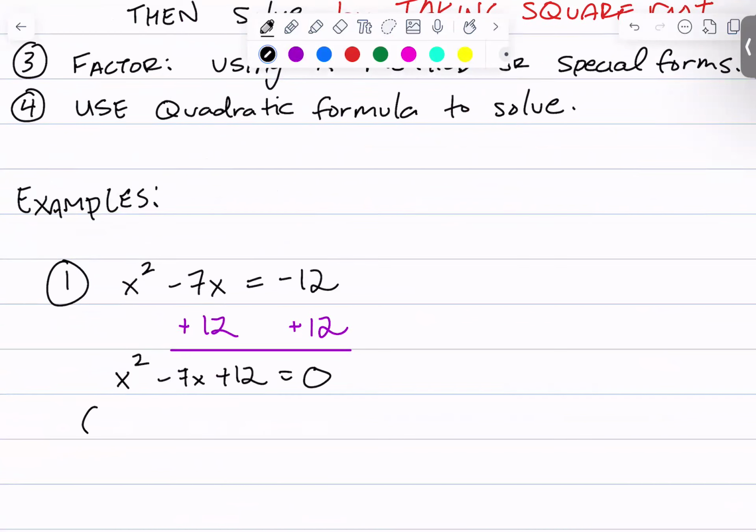Remember, when we factor, we're going to make 2 parentheses here, and the x times x is x squared. So that's how we get our first term here. Now we're going to think about 2 numbers that multiply to 12, which would be 1 and 12, 2 and 6, 3 and 4. One of these combinations gives me a sum of negative 7, right?